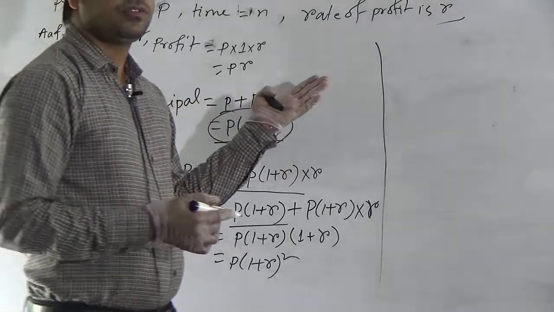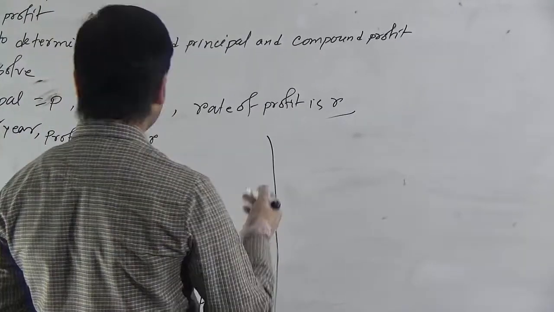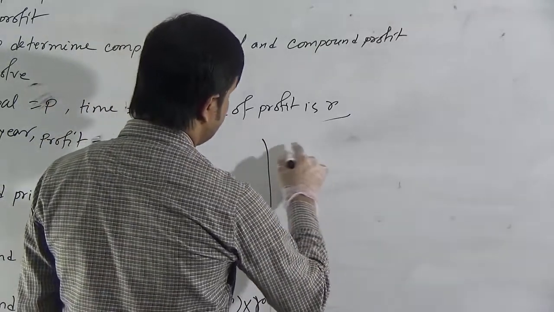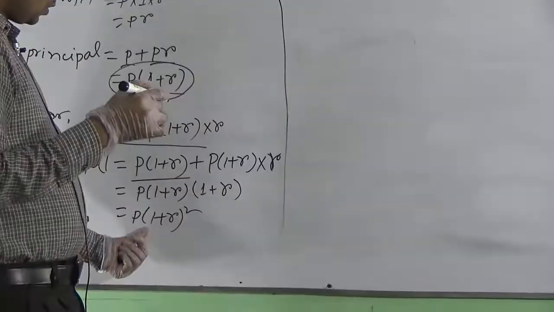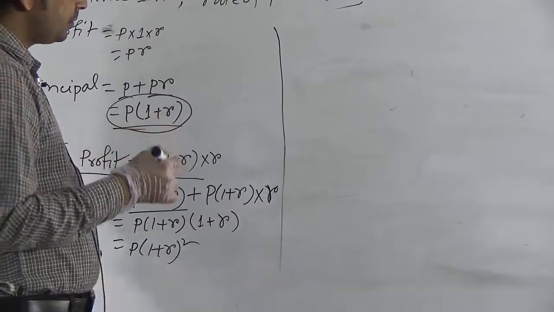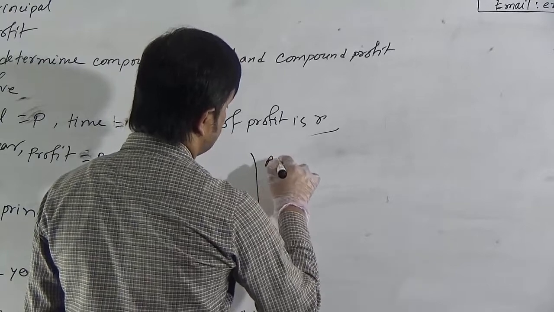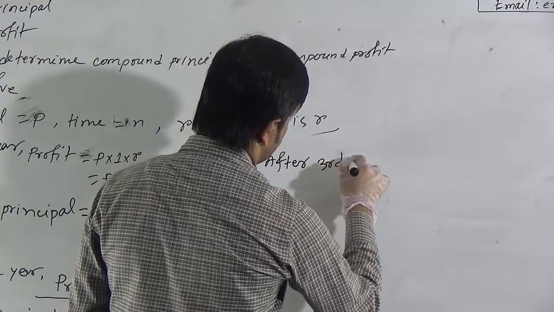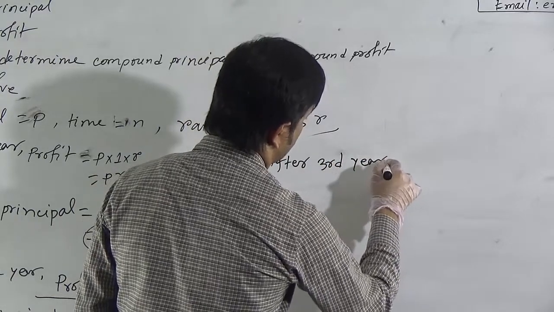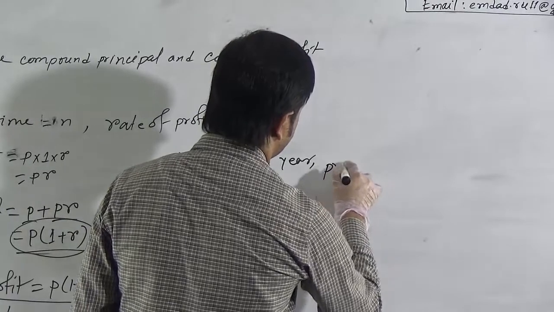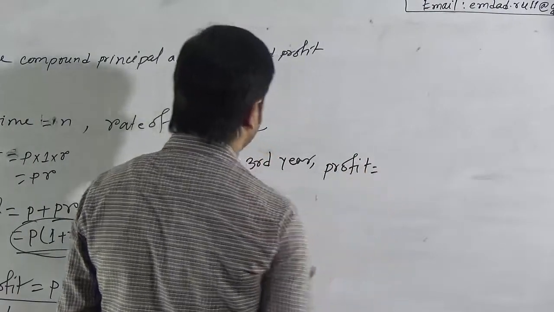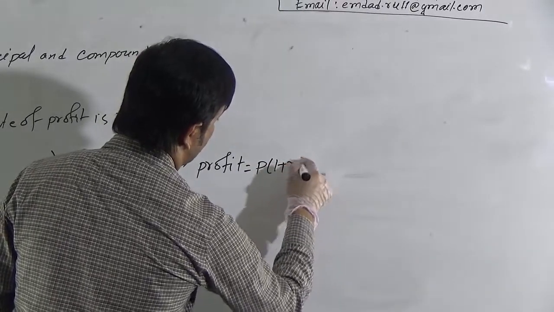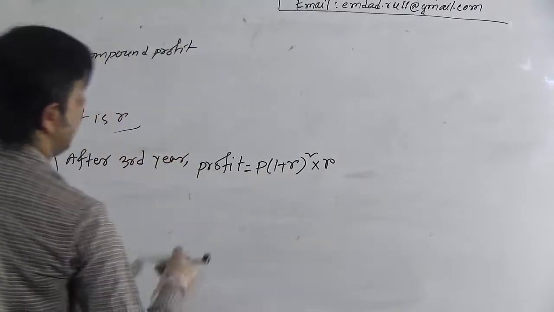Now I will show for the third year. Here for the third year, principal will be P into 1 plus R whole square. So we can say after third year, profit will be P into 1 plus R whole square into R, as value of n is 1.